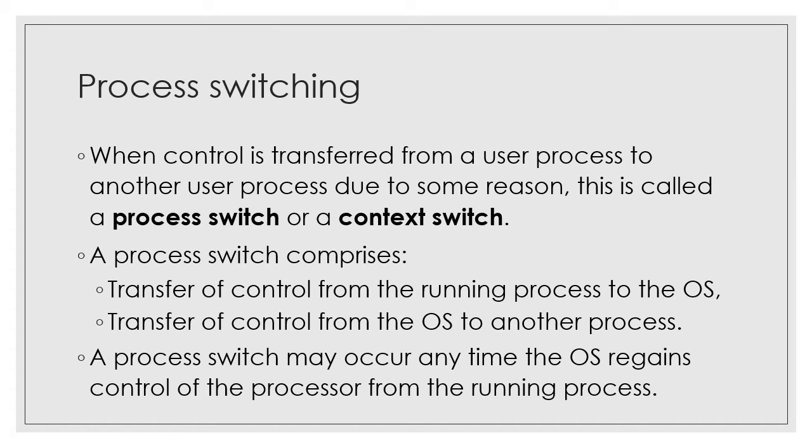Since it is necessary that the OS gets involved, we loosely define the process switch as transfer of the processor from one process to another. A process switch may occur anytime the OS regains control of the processor from the running process.